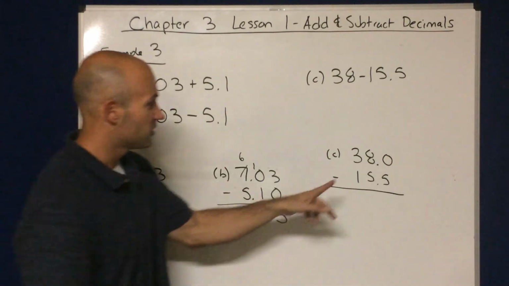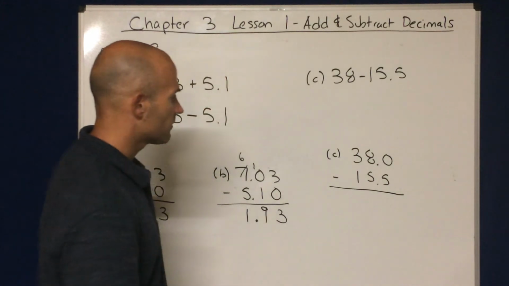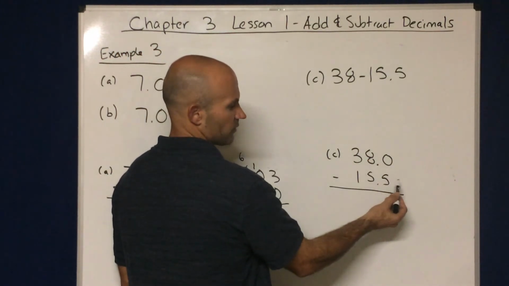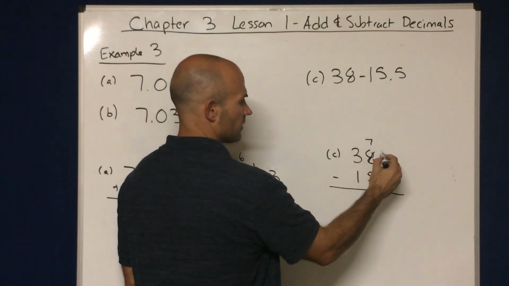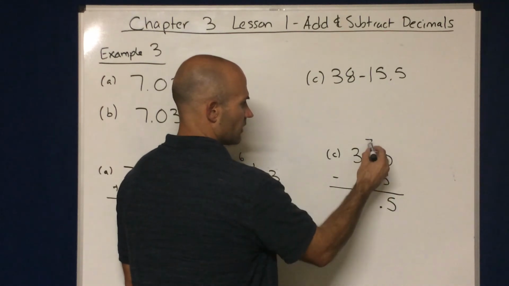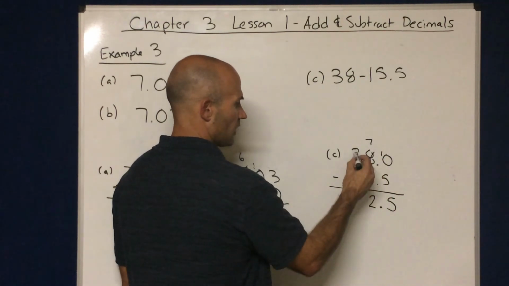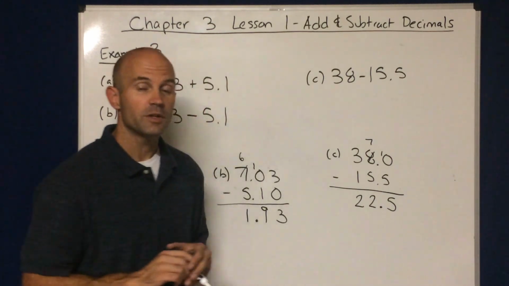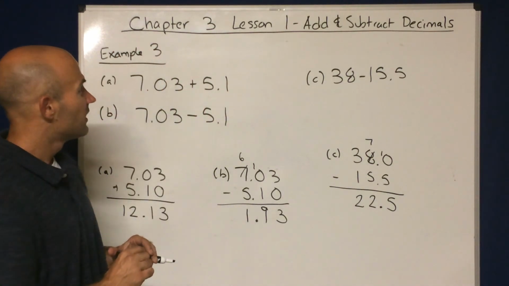You can just tack on these zeros, provided they're coming after the decimal point. And now I'm ready to subtract. It looks like I need to borrow again. 0 minus 5, I can't do that, so I need to borrow from that 8. 10 minus 5 is 5. 7 minus 5 is 2. And 3 minus 1 is 2. So 22.5 is our answer here. So good.